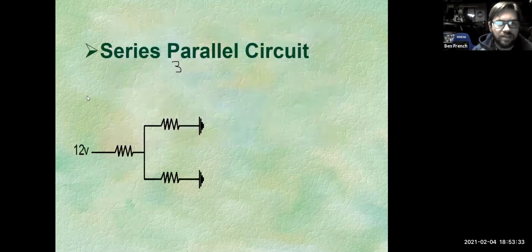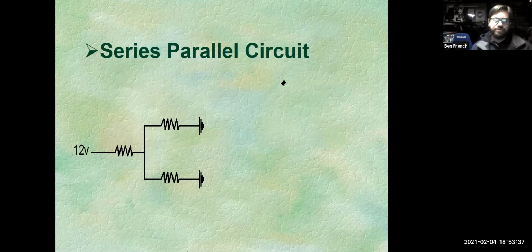Okay. So moving right along. There's really only 2 types of circuits out there. There's series circuits and parallel circuits, but you know what we do? We squish them together for a series parallel circuit, and we do this all over the place.